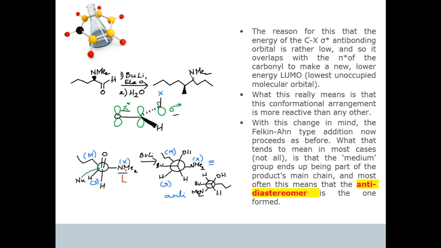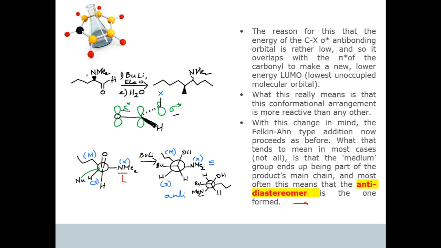Now when the carbonyl carbon has an electronegative group, this place is going to be occupied by the electronegative group. So with this change in mind, the Felkin-Anh type addition proceeds as before. This tends to mean that in most cases the medium group ends up being part of the product's main chain, and most often this means that the anti-diastereomer is the one that is formed.